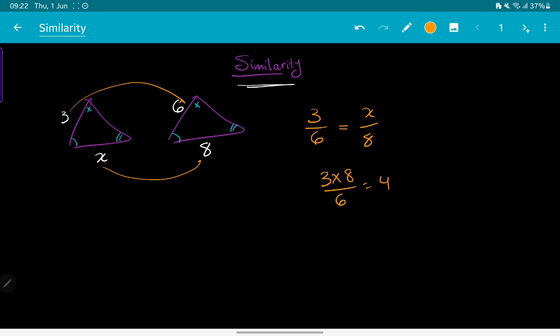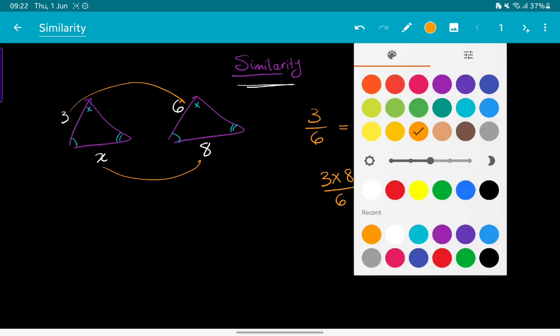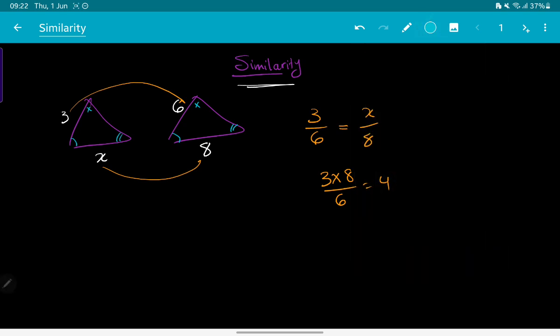Now we can use the same property to solve many problems. For example, if you have two polygons, here trapezoids, that are similar, with 5, and this is 3, and here we have 4, and this is x.